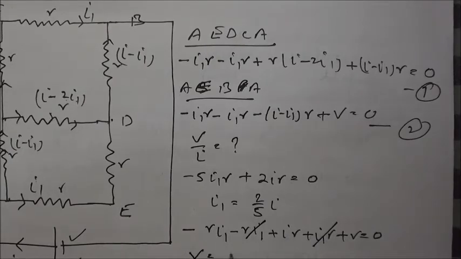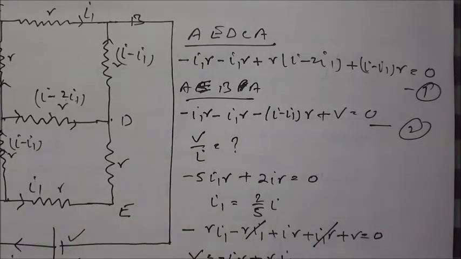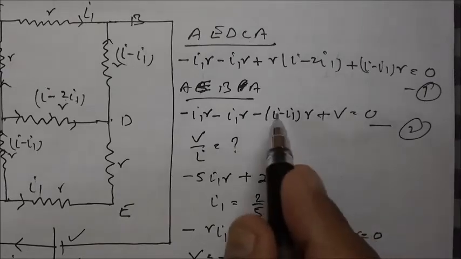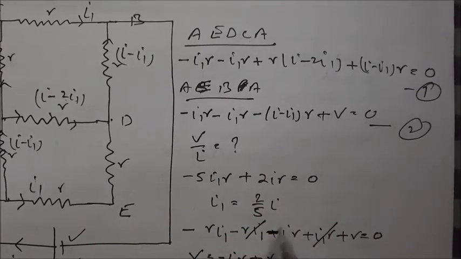So V is equal to minus IR plus R I1, or we have, I1R gets cancelled and we have minus IR.